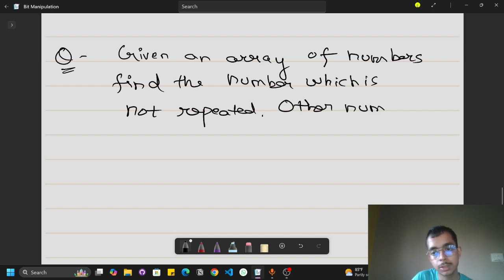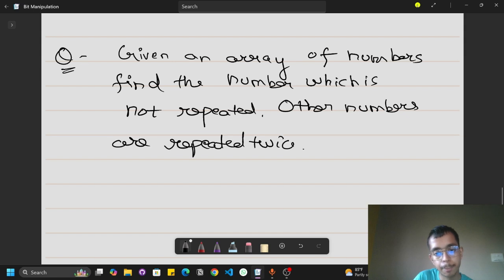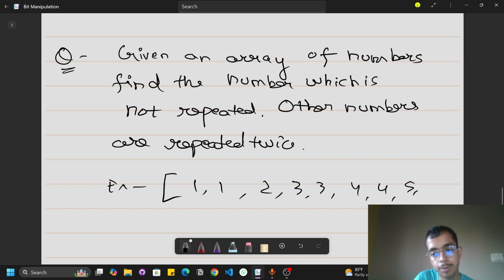Other numbers are repeated twice. Example, if you are given an array like 1, 1, 2, 3, 3, 4, 4, 5, 5.